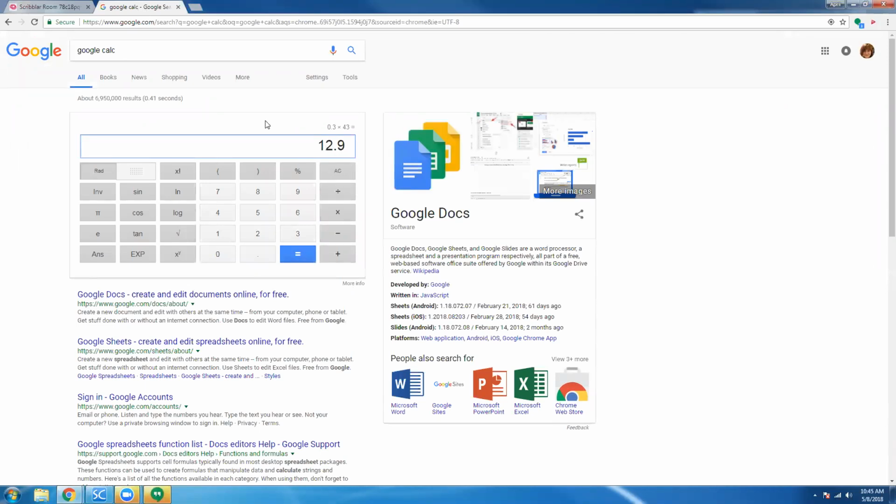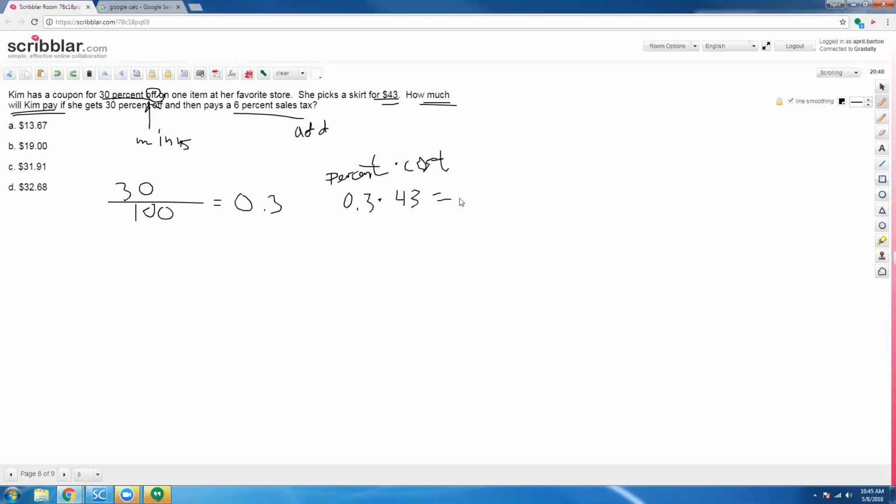Now, since we are doing multiple steps, we don't want to round. We want to keep these as exact as we possibly can. So we're going to keep it as 12.9. But this is our percent off, so this is where the subtraction comes in. The original price of the skirt was $43.